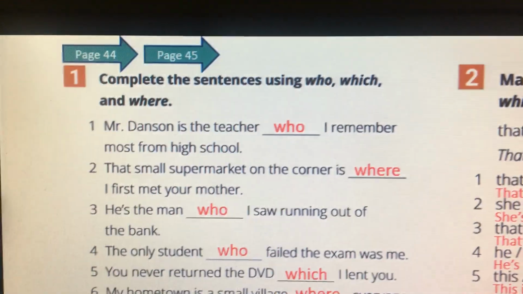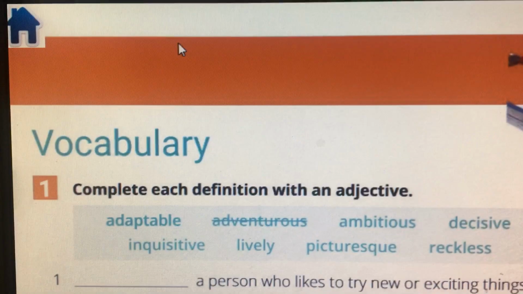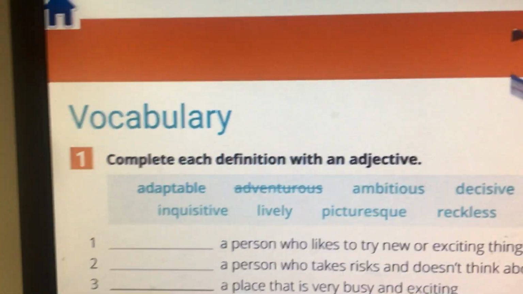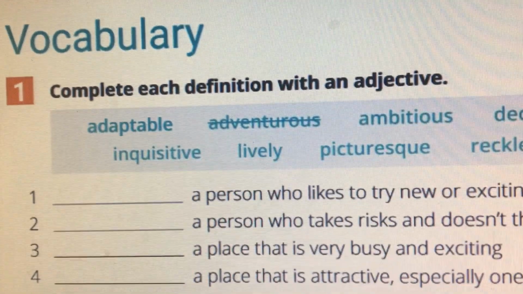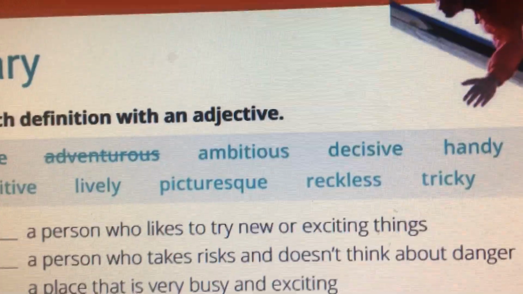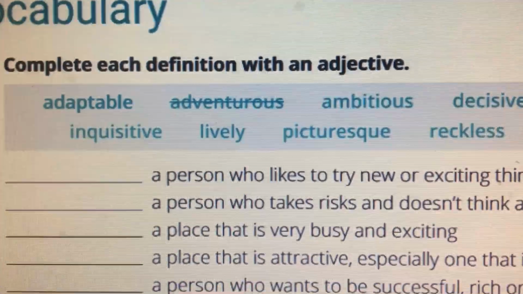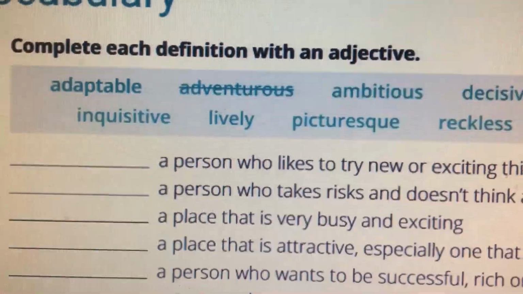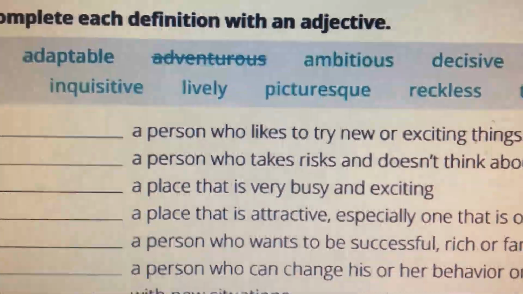Okay, let's go back to vocabulary. We have some very nice words here. Adaptable, adventurous, ambitious. If any of you like to write or you want to write a book, you can use these words and people will really love your writing.